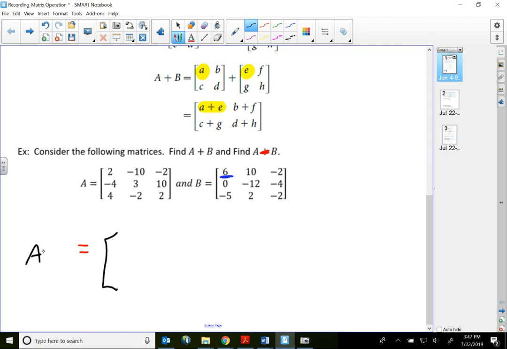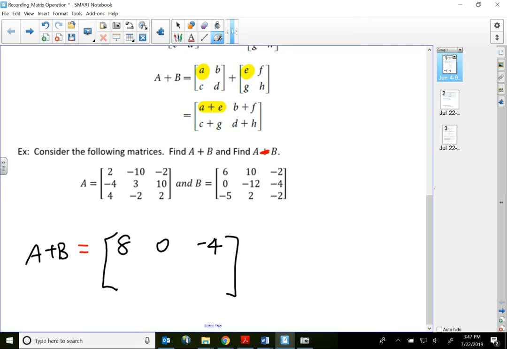So this is A plus B. Negative 10 plus 10 will be 0. Row 1, column 3: negative 2 plus negative 2 is negative 4.